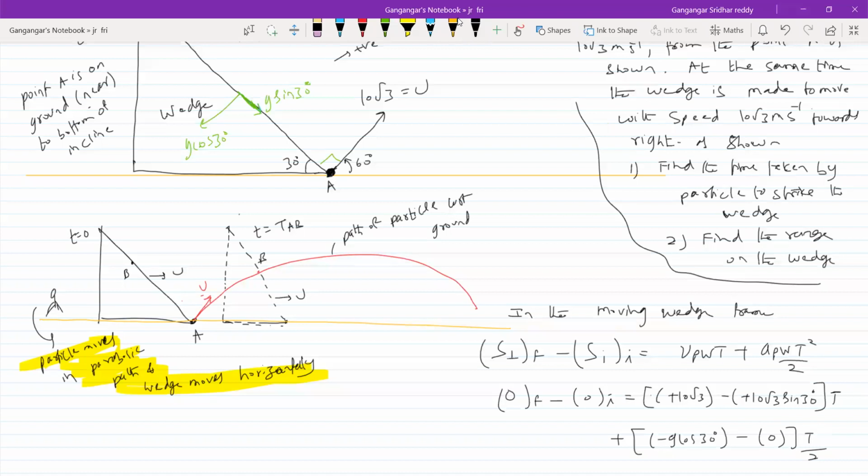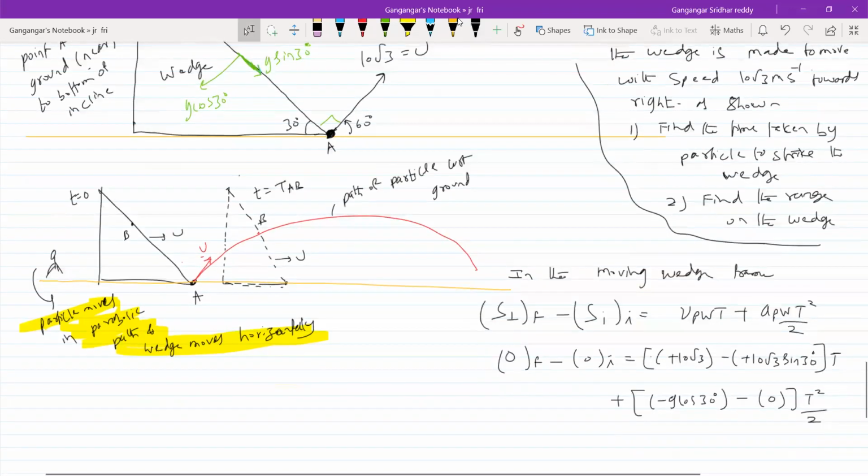Maximum students, you have to write the equation. That's all, no other way. See, wherever there is relative motion, relative accelerated motion, I'm bringing that one. Whatever the thing, the basic formula. So solving this, we'll get the time of flight, 2 seconds.